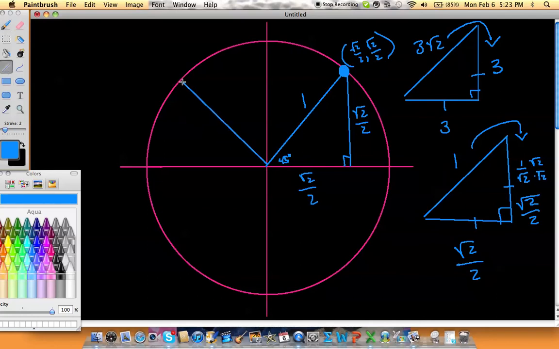Now, we also talked about, well, what happens if I put an angle over here? Here's 90 degrees when I hit this axis, and I'll call this 135 degrees. Well, if I were to drop the height, again, because remember, I'm trying to find this coordinate. So this coordinate is a length of the x-axis, which is this, and a height of the y.